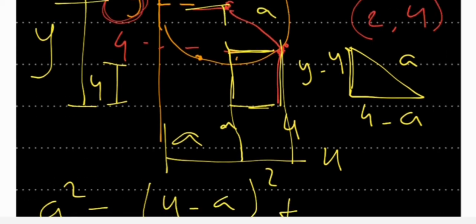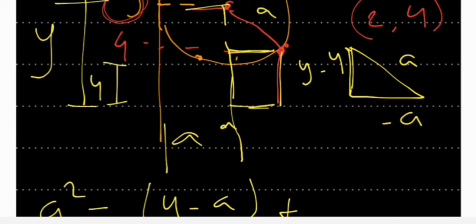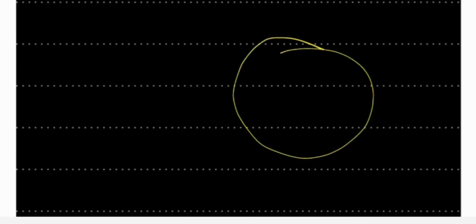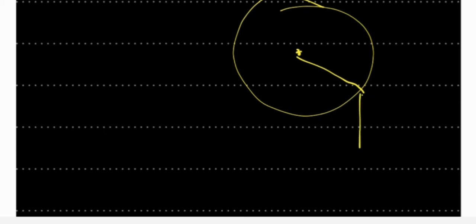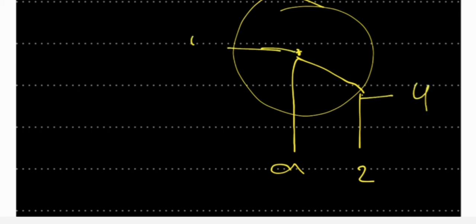sorry, this is not 4 over here. This is not 4, it is 2, right? It is 2. Yes, it is 2. This point over here, it is 2. Look, the circle was like this, and this point over here was a, this point 2, this point 4, and this point y.